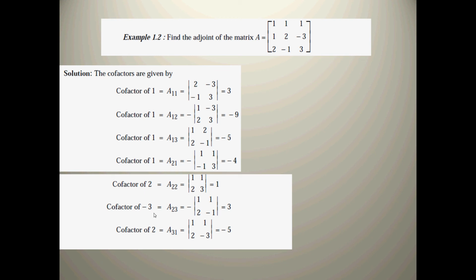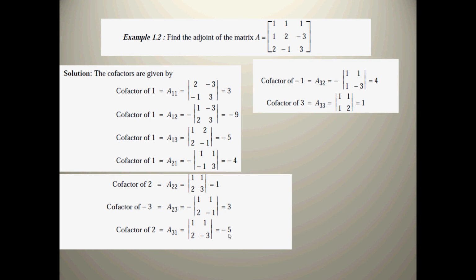That is for the cofactor of minus 3, which is here. So you will have plus 3. Actually 1 into minus 1 is minus 1, minus 1 into 2 is 2, minus 1 minus 2 is minus 3, but there is a minus symbol outside, so finally 3. Cofactor of 2, that is A31, is the value of this determinant, which is minus 5.